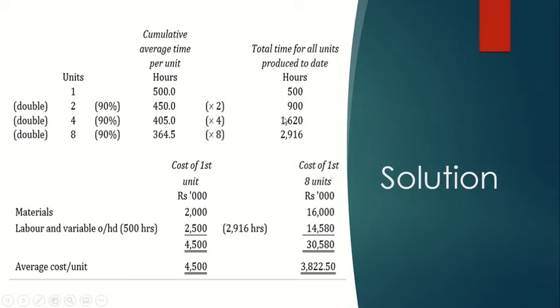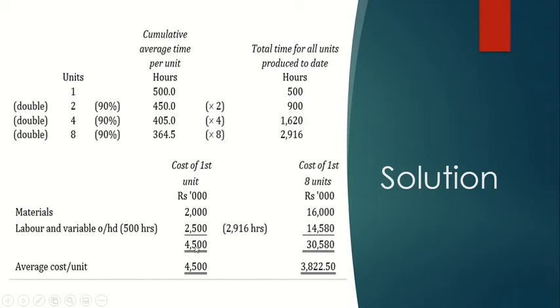So here to 8 units material cost will be 16,000. It is straightforward, 2,000 into 8. But the labor cost, here you can see labor hour requirement will be this much, 2,916 into 5 will be 14,580. So you can see if we are producing 8 units, our cost will be 30,580.